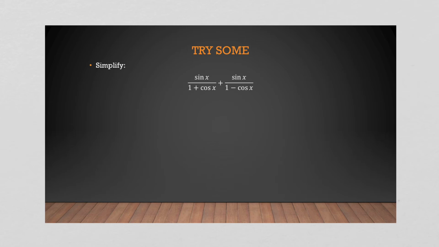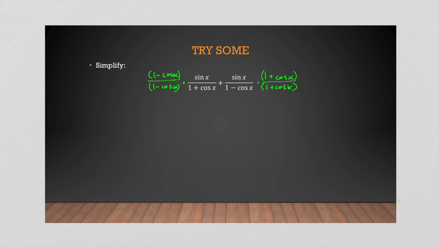So you can see here, this is one where it's like, hey, common denominator, because we're adding. So we're going to need a common denominator. So I always used to use the term, well, what's missing? Well, we're going to need on this side a 1 minus cos x, top and bottom, because that will give us a common denominator. And here we need a 1 plus cos x, because now we have a common denominator on the bottom of 1 plus cos x times 1 minus cos x.